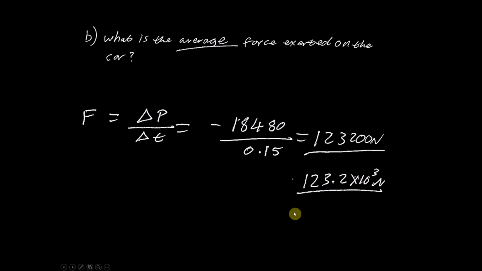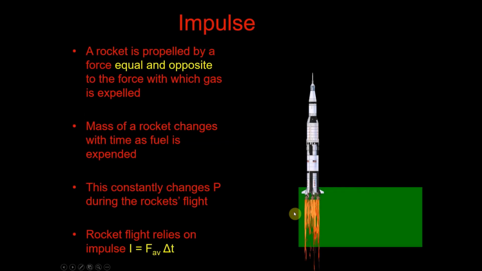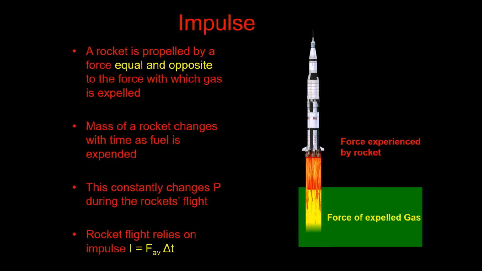So impulse does not just dictate collisions, it also dictates things like rocket flight. Remember, a rocket is propelled by an equal and opposite force. The greater the acceleration that you can apply to gas particulates coming out of the back of a rocket, the greater the acceleration of your rocket upwards.